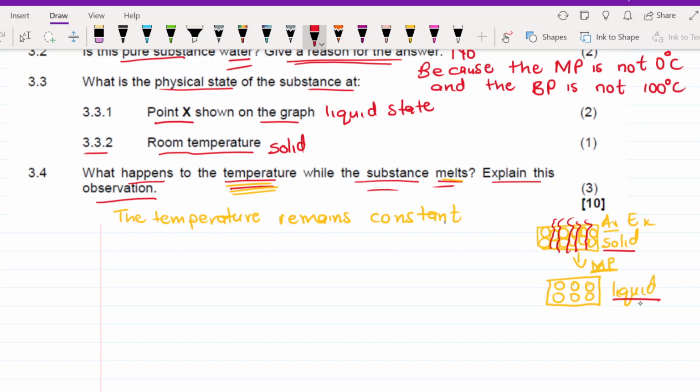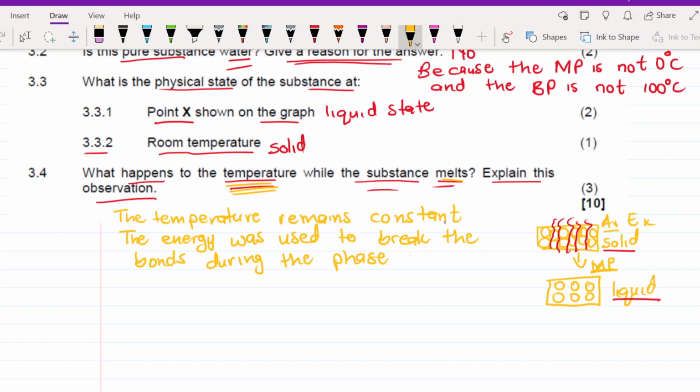That means at the melting point, all the energy was used to break the bonds during the phase change.